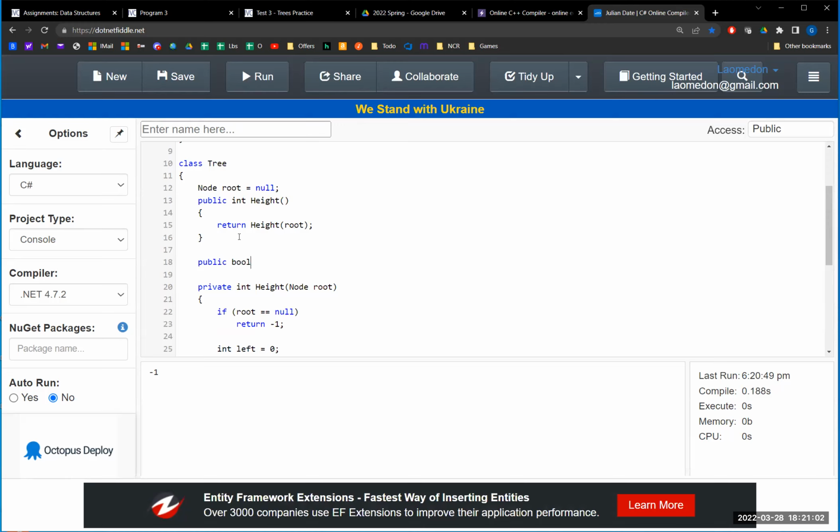Yeah, we'll do bool. All right, and lots of different ways to add. Since adding is only going down a single branch, there's not much benefit to it being recursive.